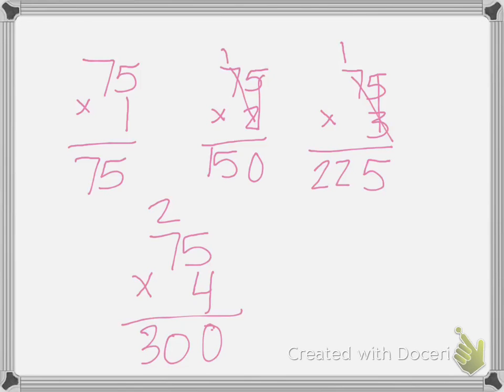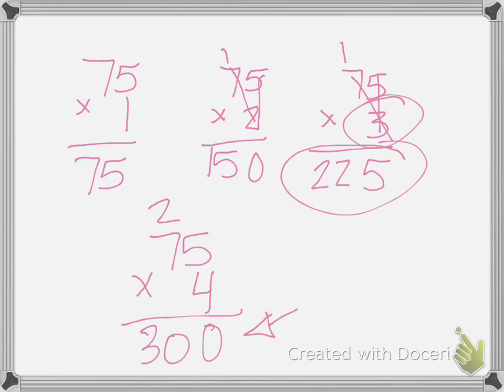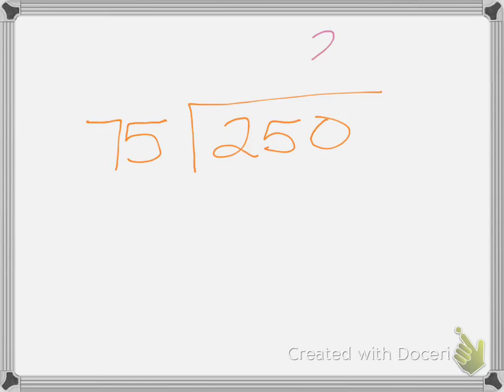We can't do 4 times because 300 is too big. But we can do 3 times because 225 is closest to 250. So we'll say it can go in 3 times. 3 times 75, let's go back and look, is 225.